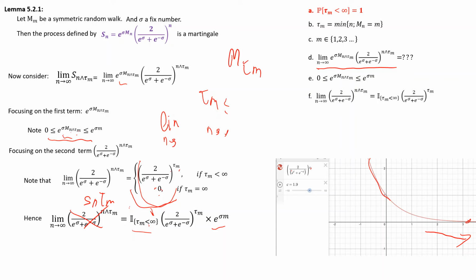M tau m by definition is the time where it reached the level m for the first time. So the value of the symmetric random walk at that time is just m. So that's where this m is coming from. So this is a more compact way of showing what the limit, when n tends to plus infinity, of this stopped process is given by this expression.